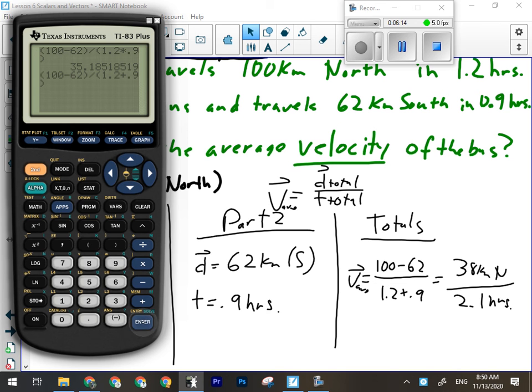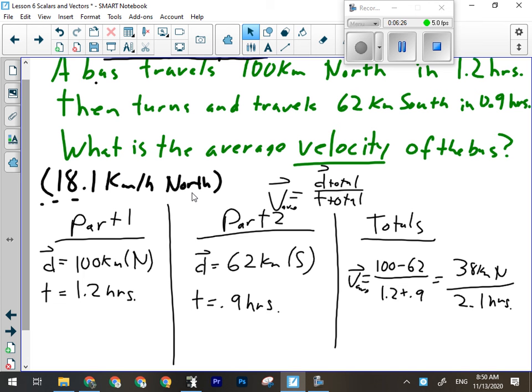Plus is better. Okay, 18.1. What are my units? Kilometers per hour north. Right, I have to have that on there. Velocity is a vector quantity. So there's our answer: 18.1 kilometers per hour north.